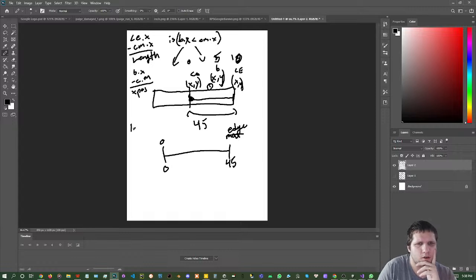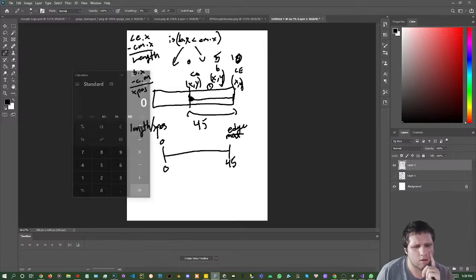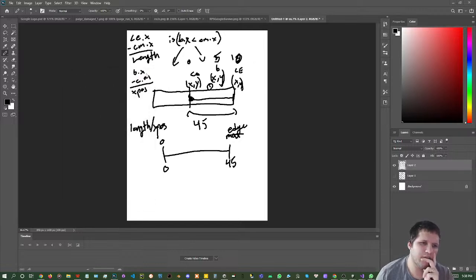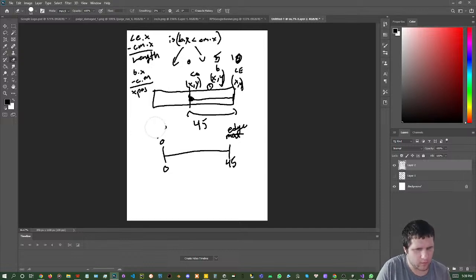Okay, so then we want length divided by x position, right? 10 divided by 5, that'd be 2, yeah. 5 divided by 10 would be 0.5. Okay, so then no, we actually want the x position divided by the length.